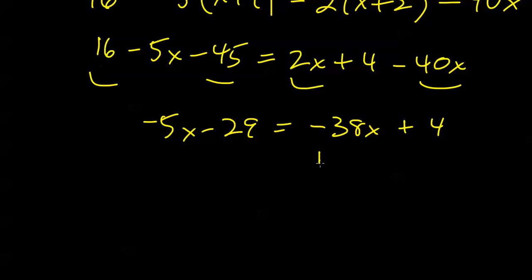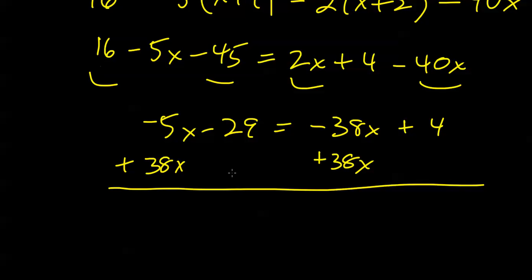Alright, I would probably add 38x to both sides, get my x residue on the left. And then I would probably add 29 to both sides, get my constant value on the right.